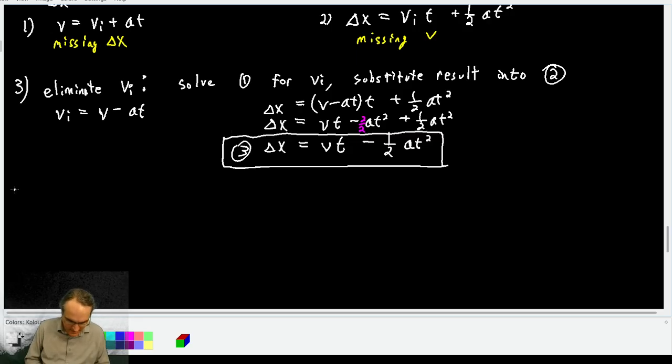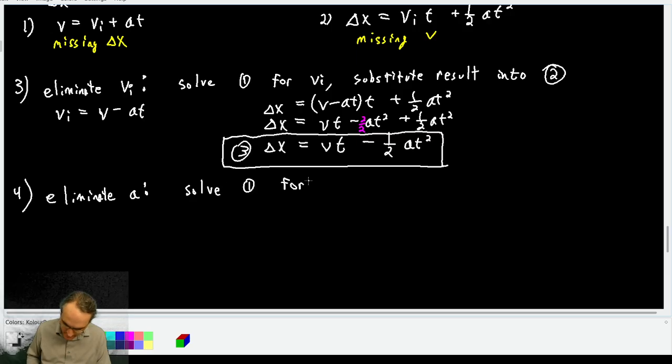Okay, we're going to go from there. The difficult one is actually eliminating the time. So we're going to go with eliminate a next. And it's going to go pretty much the same way as the last one. Solve equation 1 for the acceleration and substitute that into equation 2.